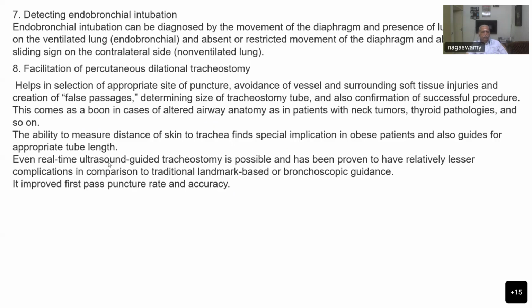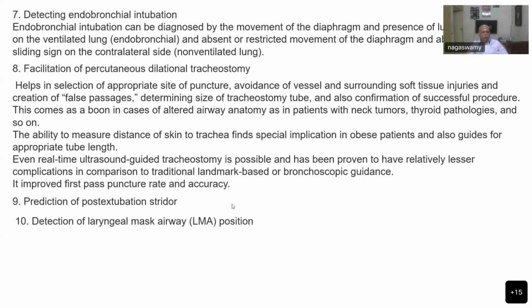Real-time ultrasound guided tracheostomy is possible and has been proven to have relatively fewer complications compared to the traditional landmark-based or bronchoscopy-guided approach. The first pass puncture rate is much higher and accuracy is very good. And prediction of post-extubation stridor and detection of laryngeal mask airway position is also another use.